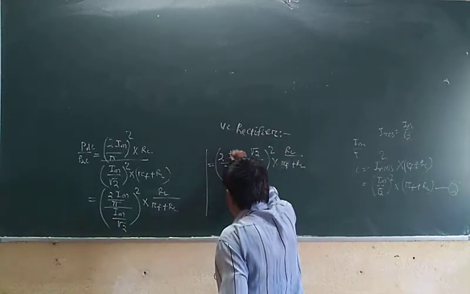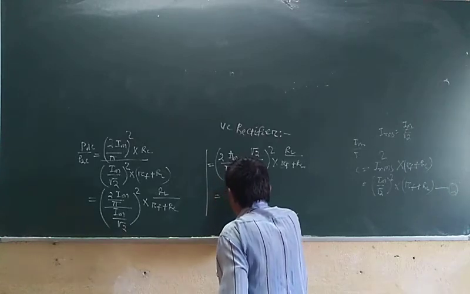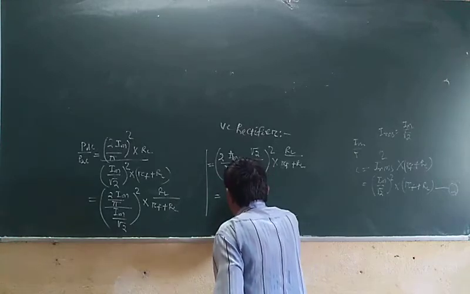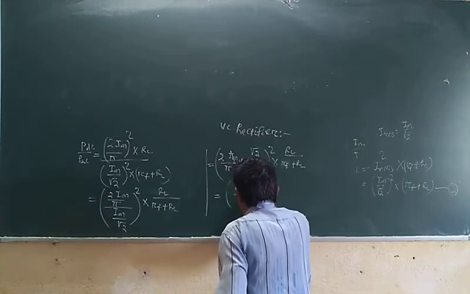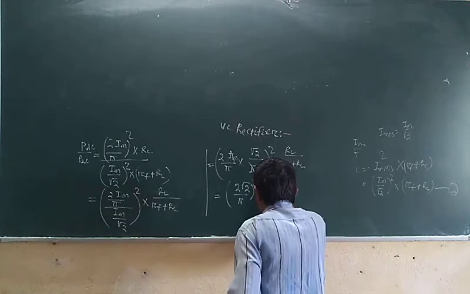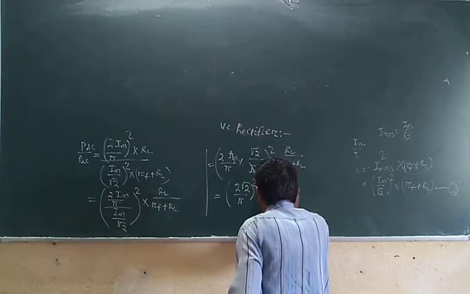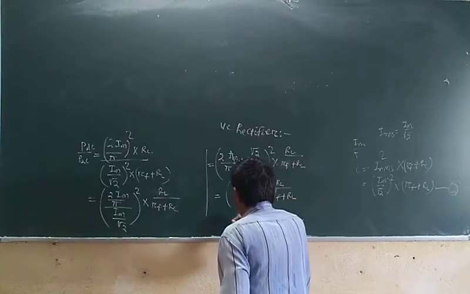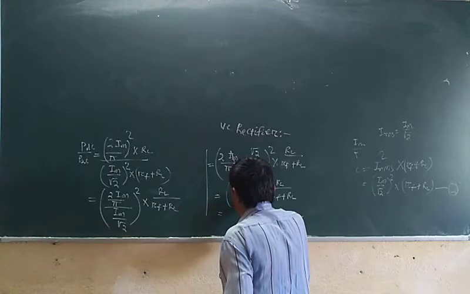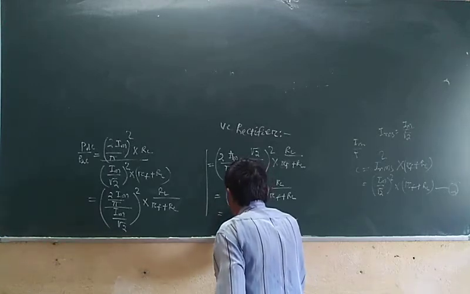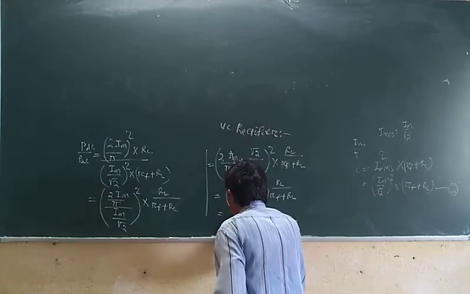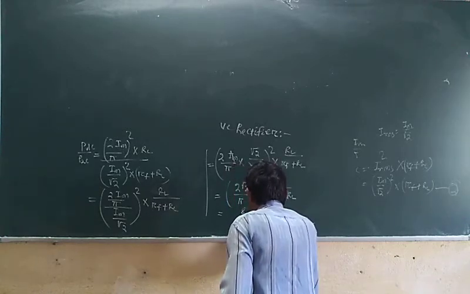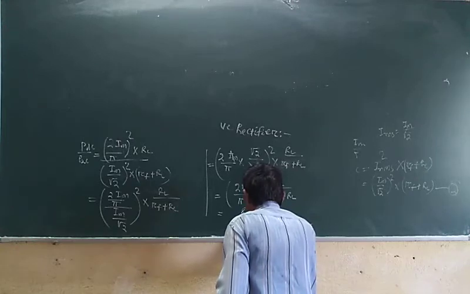Now Im cancels, then it is (2 root 2) square divided by pi square into RL divided by (RF plus RL). Here (2 root 2) square means 2 times 4, that is 8, by pi square into RL divided by (RF plus RL).